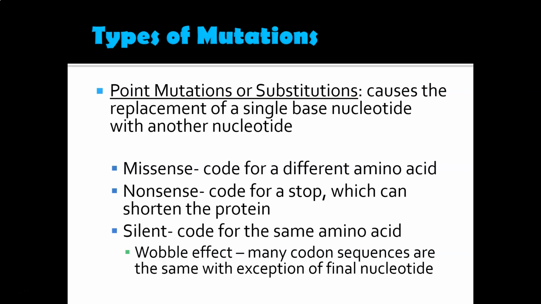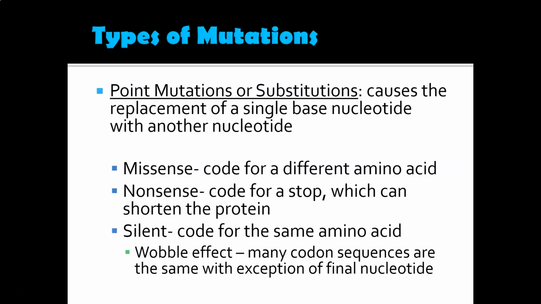I'm going to jump over the nonsense for a second and go down to the silent mutations, because these are the ones I was alluding to a moment ago, where most of us are probably sitting around with mutations and yet not experiencing any difference. That's because the substitution probably occurred in the third base of the codon, and it's silent.